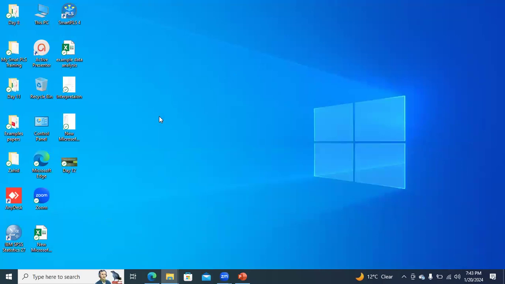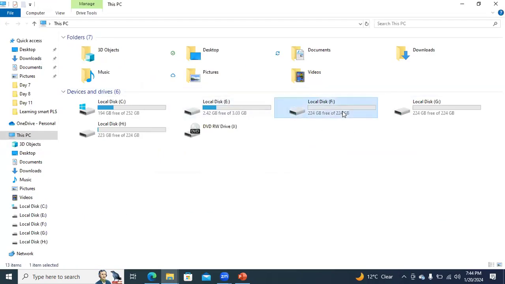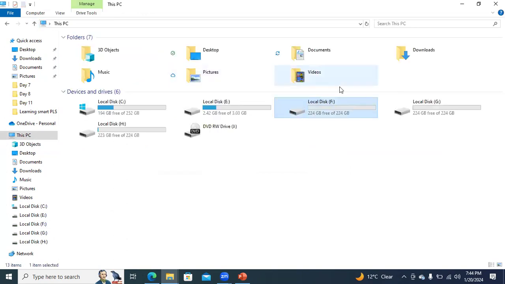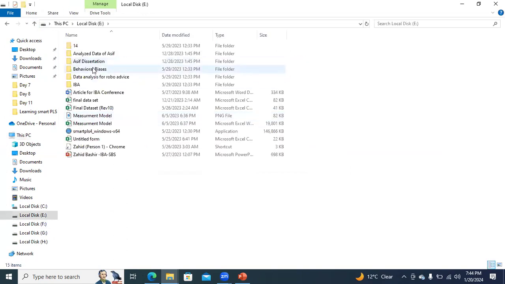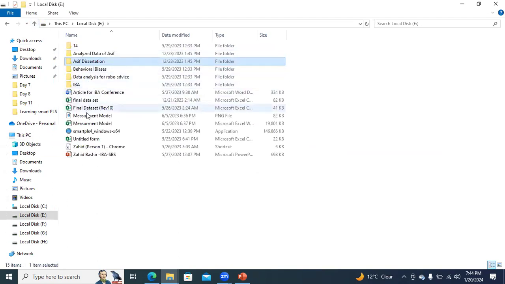I will send you another data set after this session, but for your consideration, you can use any data set that I have previously shared. So let me use some data set from here. For example, I am going to use a data set from some of my previous research.